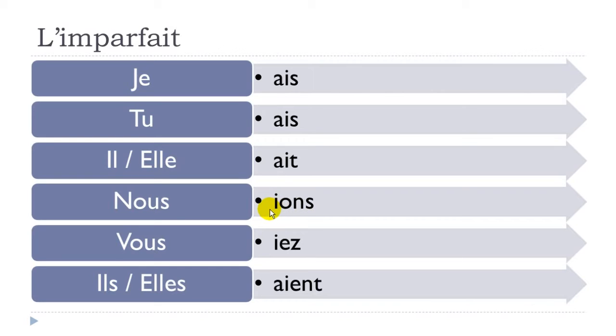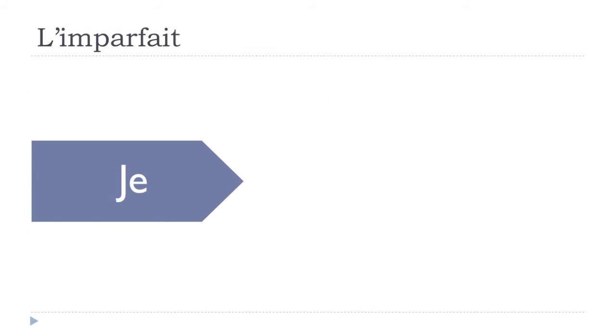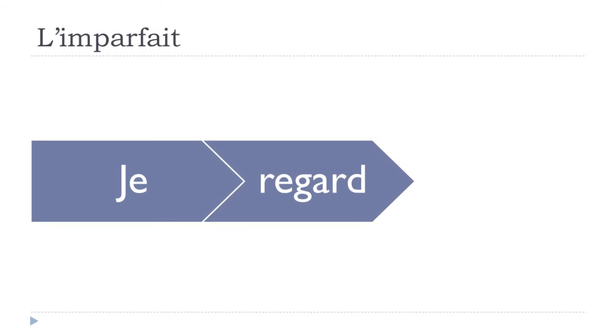So you get yon. Yon, that's the full form. And then yé here. So yon, yé, é. Now, je regard, and then é. So that's the full form that you will have.